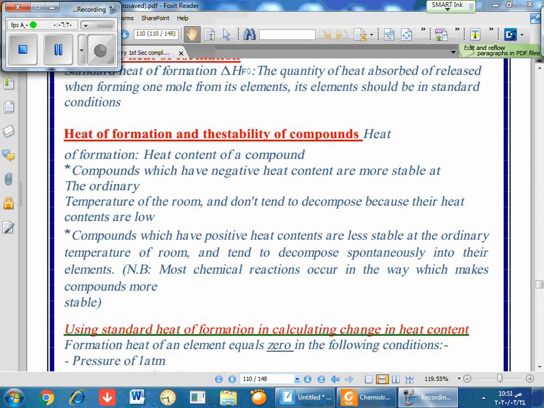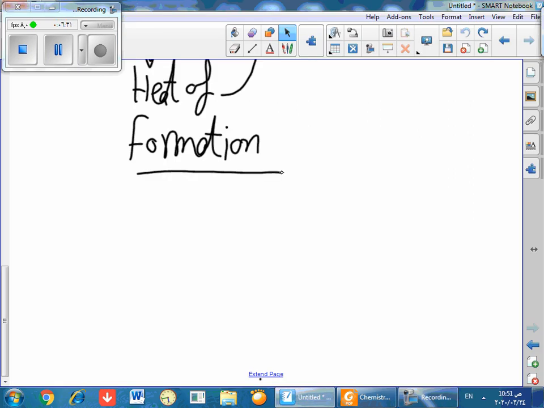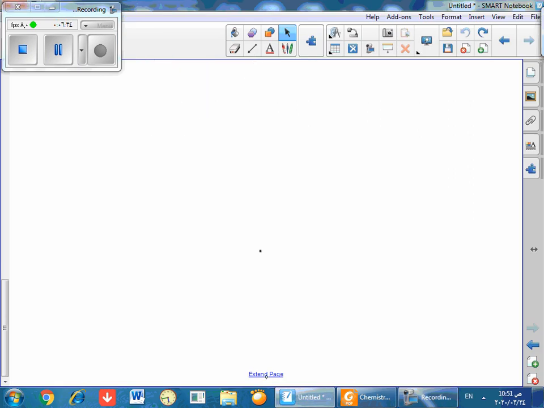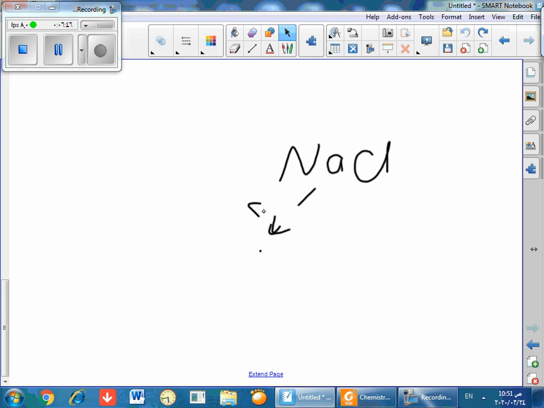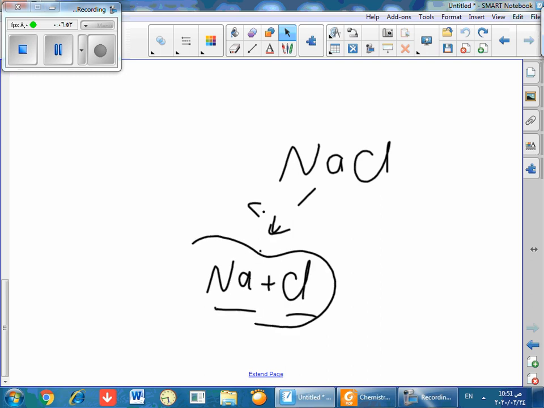We have a relation between heat of formation and stability of compound. Okay? What is the meaning of stability? Stability just means if I have a compound, for example, Na2CO3 or NaCl. If this compound is decomposed by heat to Na plus Cl, we can separate this primary element again.